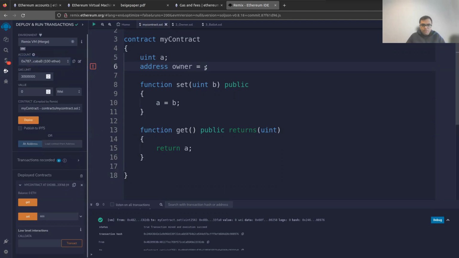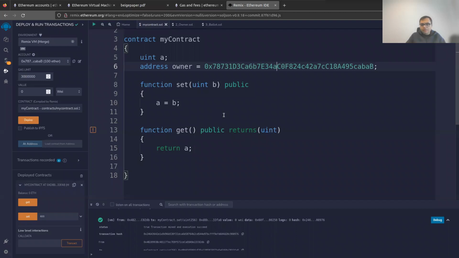So I can just copy the address and put it here. So we have all the normal data types like integers and strings and all sorts of things like that, but we can also have variables of type address, which basically let us point to a particular account. In this case, I want to say who owns this contract.